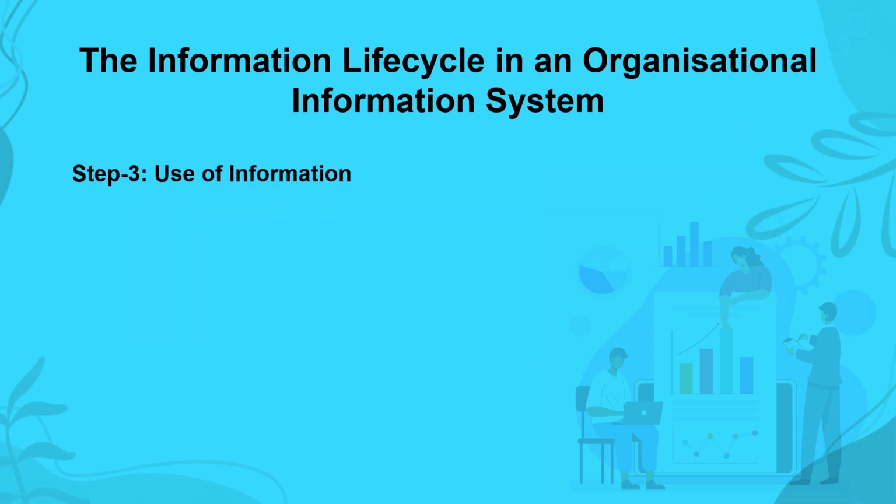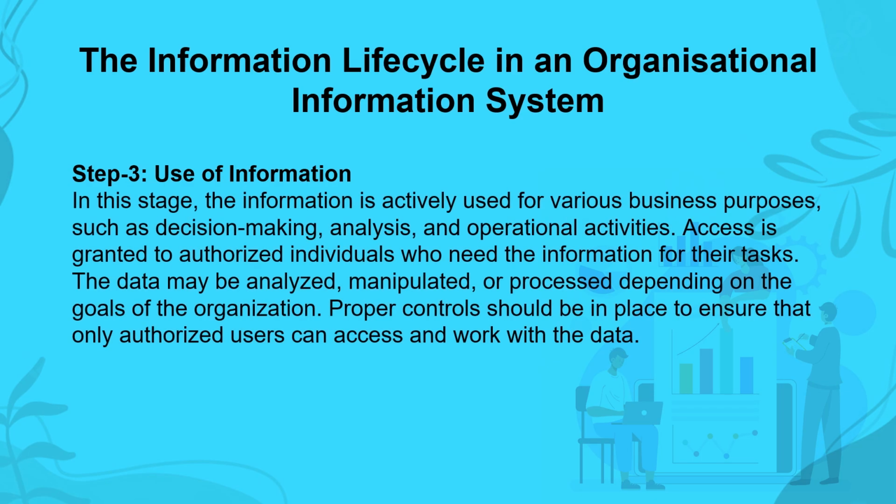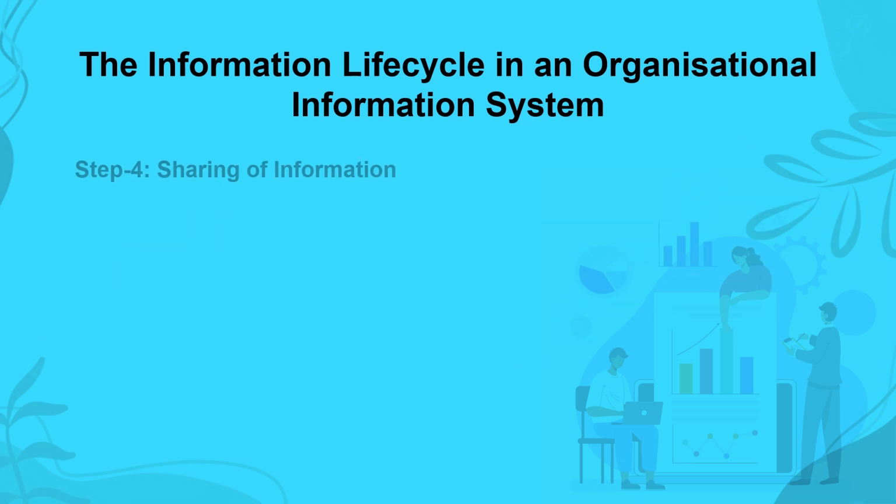The third step is use of information. In this stage, the information is actively used for various business purposes such as decision making, analysis, and operational activities. Access is granted to authorized individuals who need the information for their tasks only. The fourth step is the sharing of information.